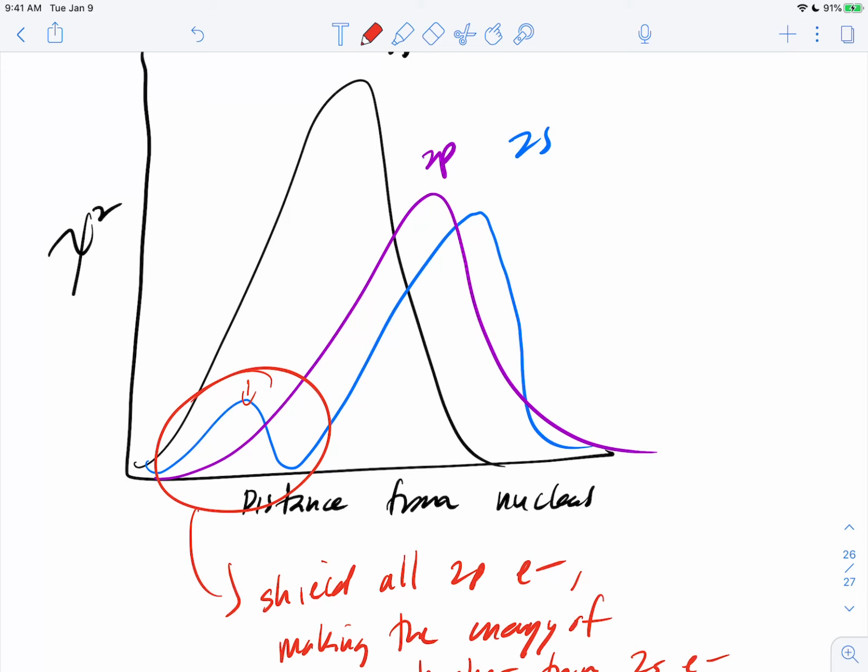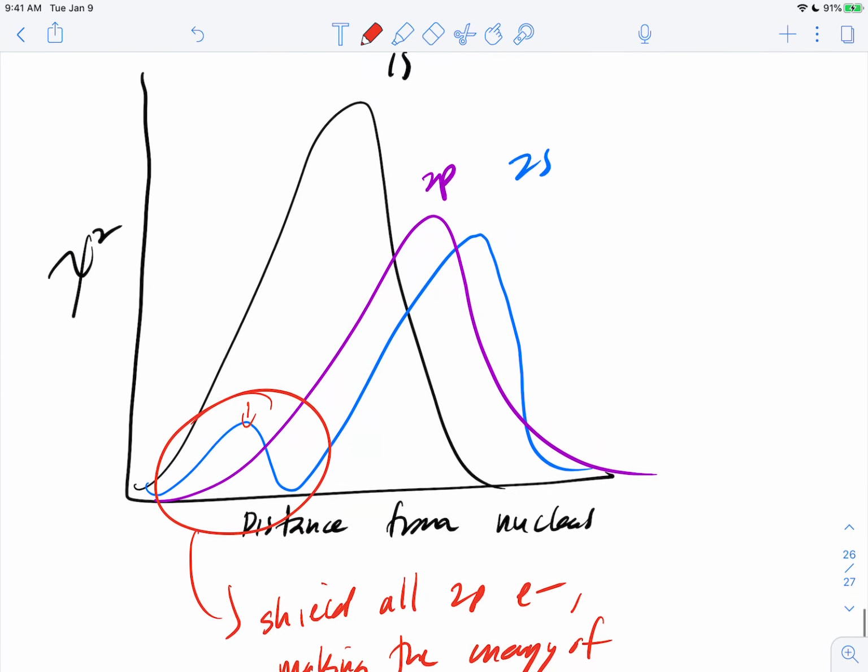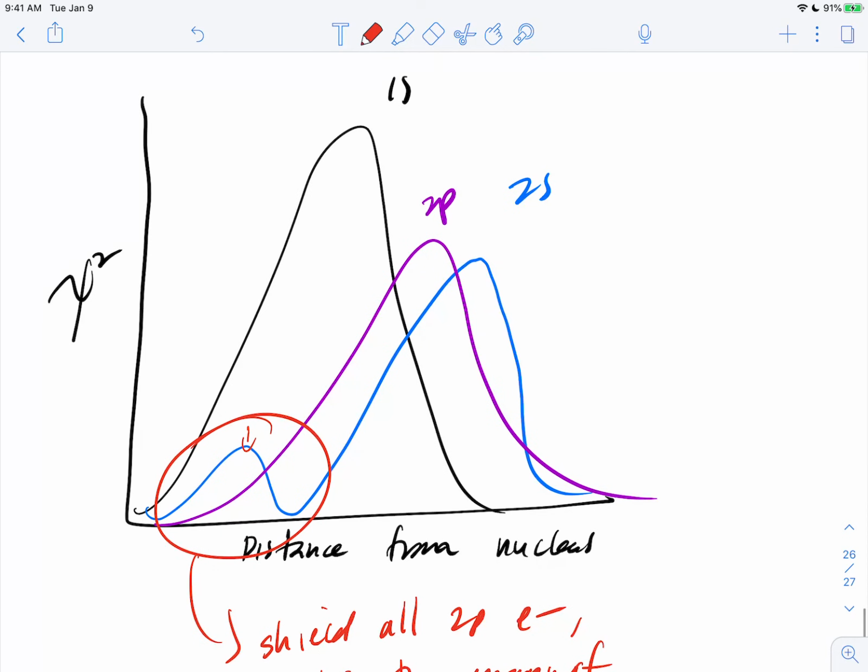Almost every 2p electron is going to be further away from the nucleus than the electrons in this little bump, so all the 2p electrons are going to be shielded. This shielding makes it higher in energy, and that's why we see the 2p higher than the 2s. That's super useful to think about in terms of electron shielding, and with respect to the energy levels of subshells for the same principal quantum number.